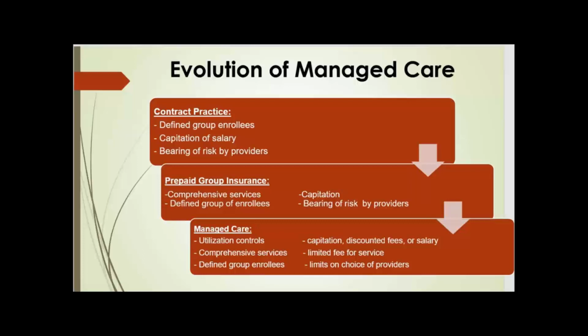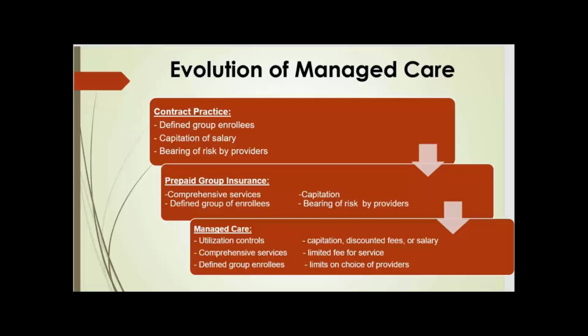This is where it provided more comprehensive services. So it preserves the principle of capitation, bearing of the risk by the provider and a defined group of enrollees whose health care contract is financed by their employer. But it then goes a step further and adds the delivery of comprehensive services.